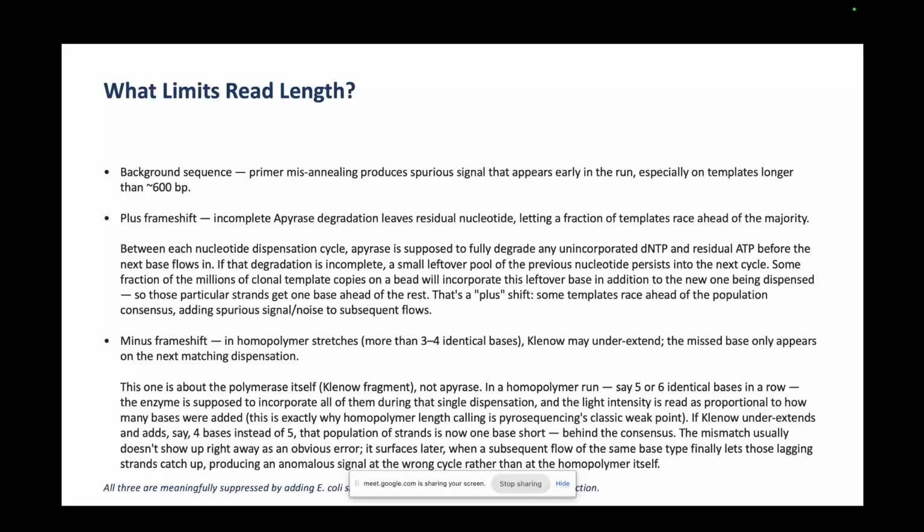There also frame shift occurs. This one I have already discussed in terms of homopolymer stretches. The same nucleotide repeating five, six, 7 times. But again, since the intensity will be proportional to the number of bases there, it is sometimes erroneous. So it cannot fully distinguish between, say, a 7 nucleotide repeat stretch versus a six nucleotide repeat stretch.